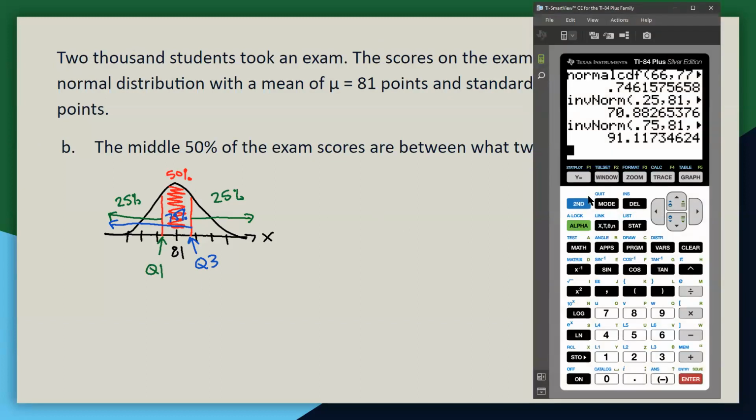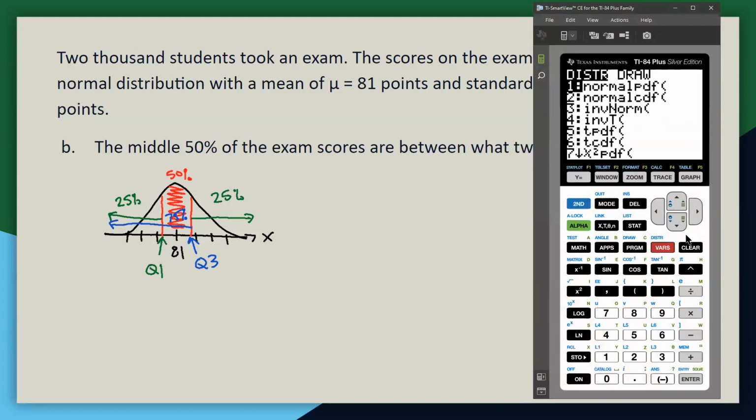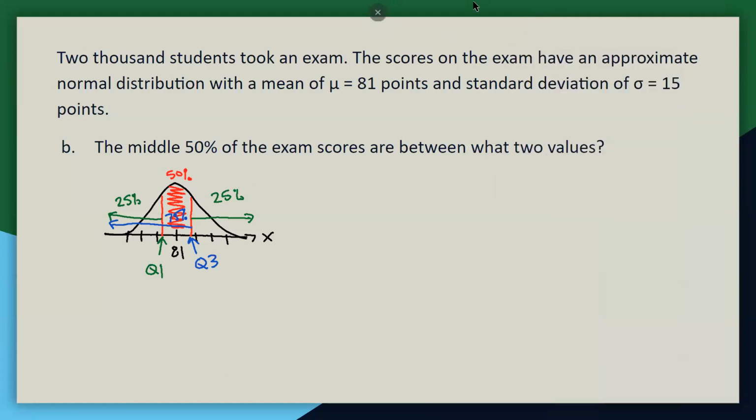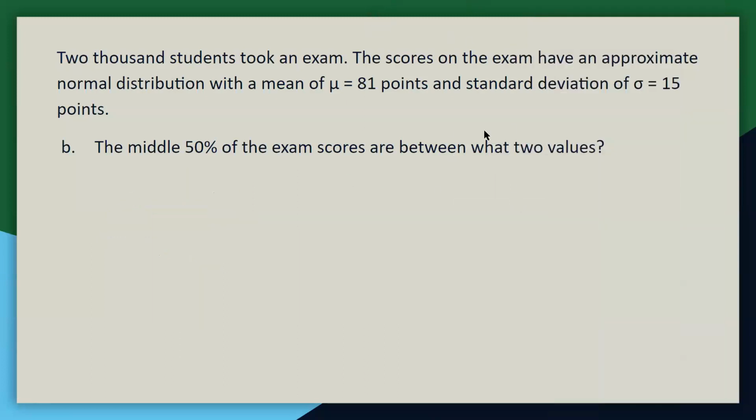We go back on our calculator, second bars, inverse norm. There's our 0.25, same mean, same standard deviation. So we already know what these values are, 70.88 and 91.12. So that one was a little tricky. This one was indirectly asking you about the same thing part A did.